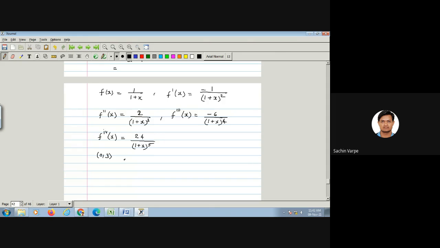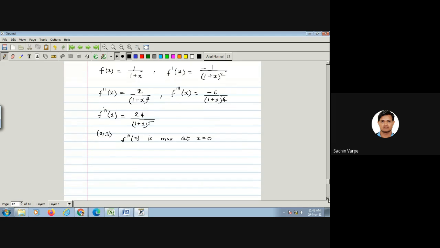Yes, sir. What is its max value? 24 for x is equal to 0. Therefore, the fourth derivative of function at zeta bar is 24.